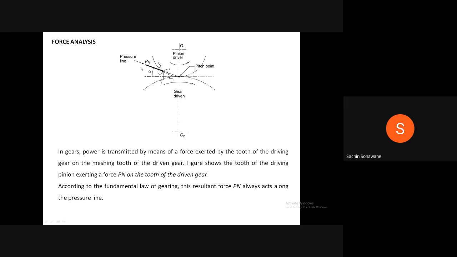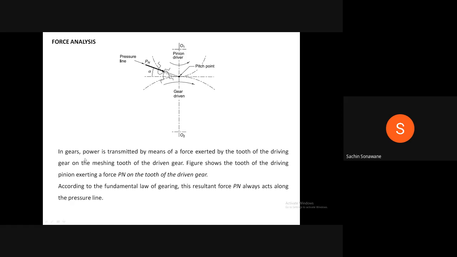The angle made by this normal force with respect to this horizontal line, known as the common tangent, which is passing through the pitch point, is known as the pressure angle.